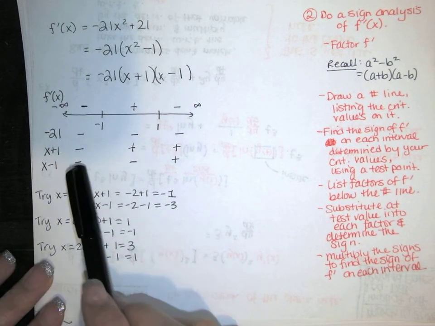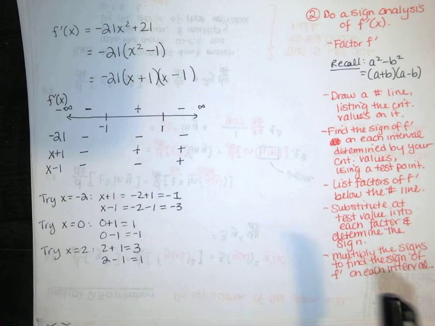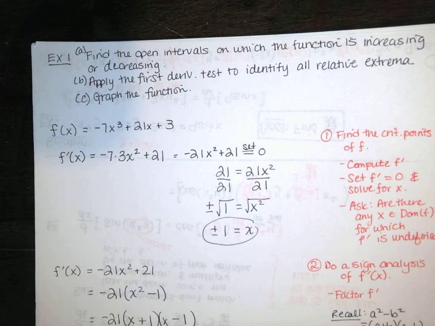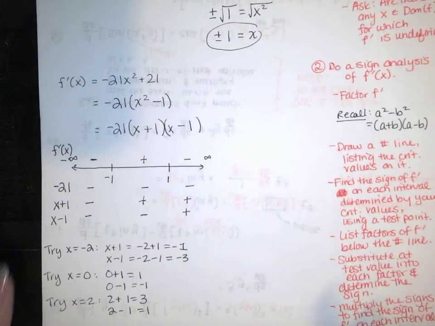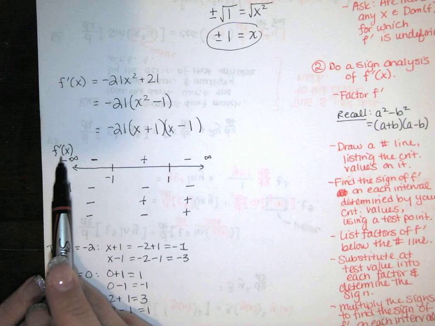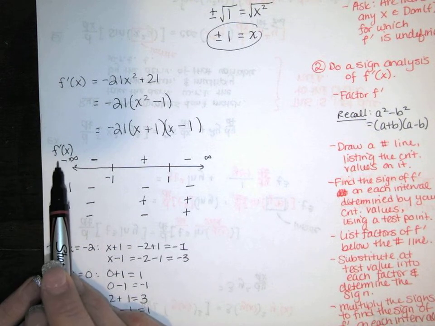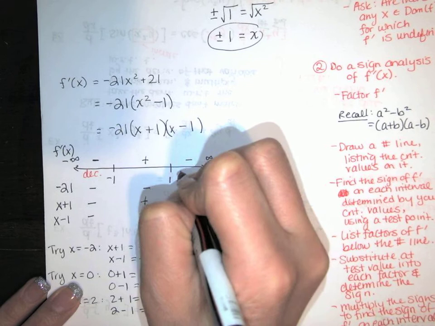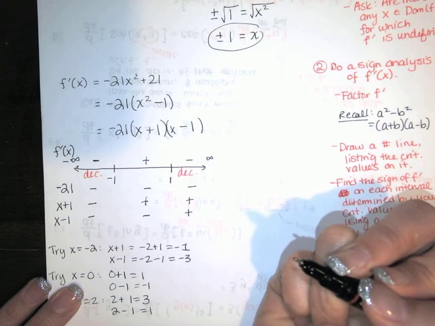So we've got f prime here, and now we've got this chart. Now the first question said, find the intervals on which the function is increasing and decreasing, and we have. The function is decreasing whenever the derivative is negative. So the function is decreasing over here, and it's decreasing over there.